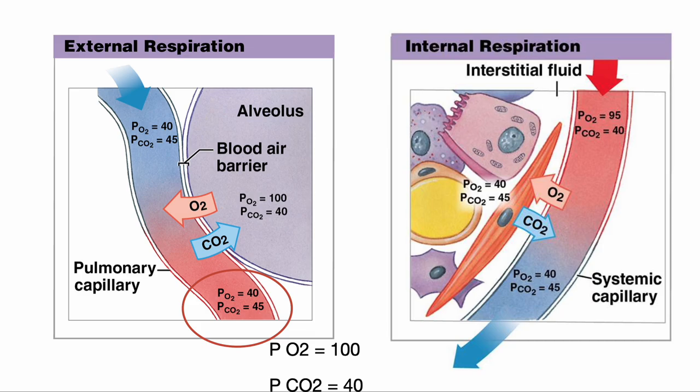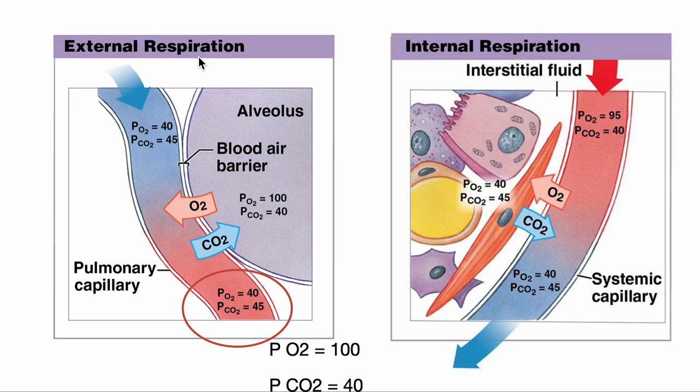So instead of looking at the overall pressure of the gas, which is what we talked about when we were talking about Boyle's law and the pressure in the lungs or outside the lungs as a way of either moving air in or out, now we're not interested in the pressure of air with all the different gases in it. When we talk about partial pressures, we're interested in the particular pressure of each gas within that mixture. So that's why we call it a partial pressure.